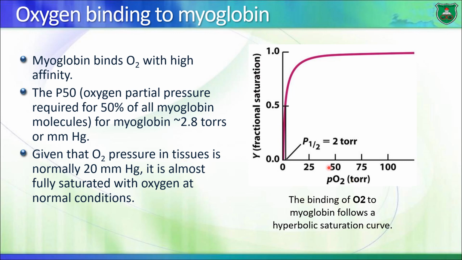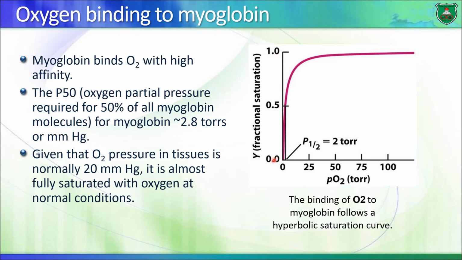So this is known as the oxygen saturation curve. So in the x-axis, you have the amount of oxygen in torrs, or millimeter of mercury. Now remember, it's gas, so it's measured as pressure, not concentration. And in the y-axis, you have the fraction of saturation.